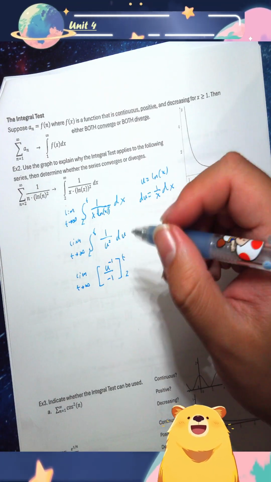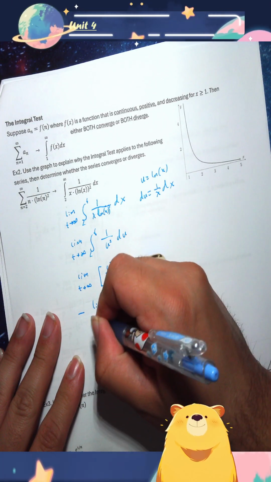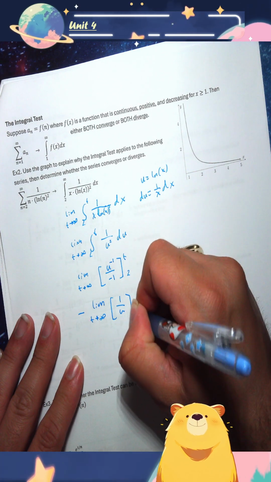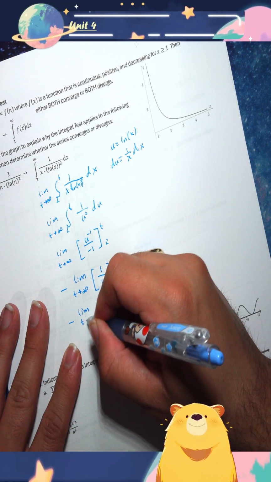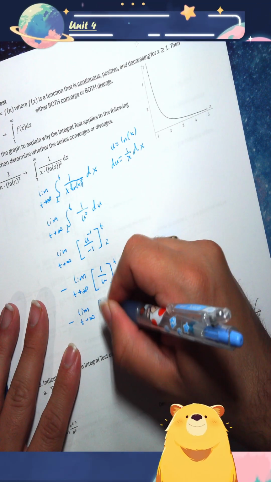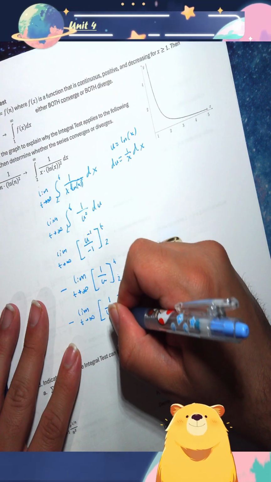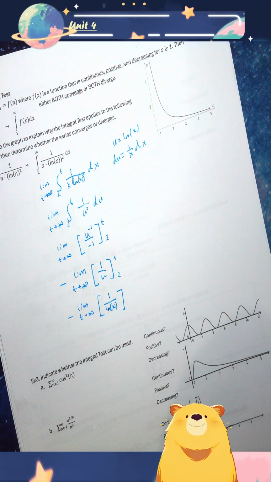I'm going to go ahead and factor out the negative, and I'm going to plug back in u, which is 1 over ln of x. Okay.